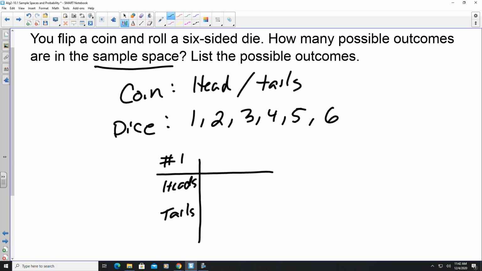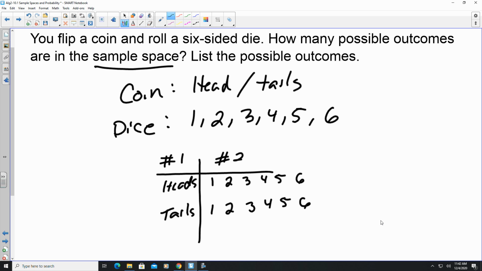Then option 2 is we're going to roll the dice. So now we're going to look at all the possible outcomes once you roll heads. If you roll heads, you can roll a dice as a 1, a 2, a 3, a 4, a 5, or a 6. Same thing goes for tails. You can go 1, 2, 3, 4, 5, or 6.